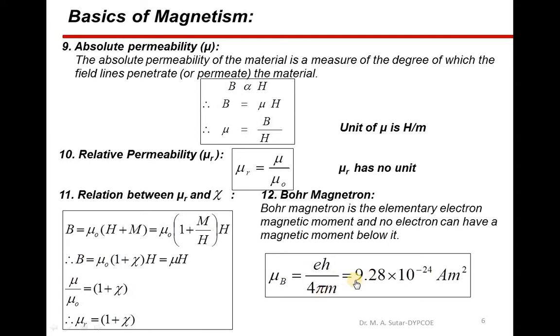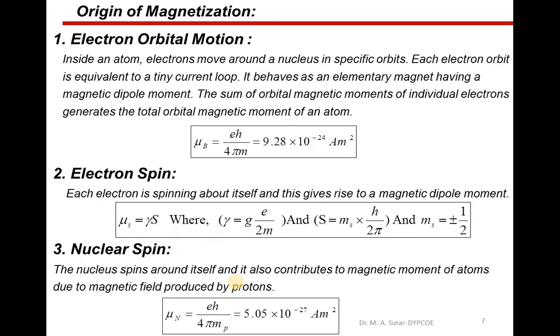After substituting these values, we get 9.28 into 10 to the minus 24 ampere square meter. This is the smallest value possible. So these are the basic terms required to understand magnetization.